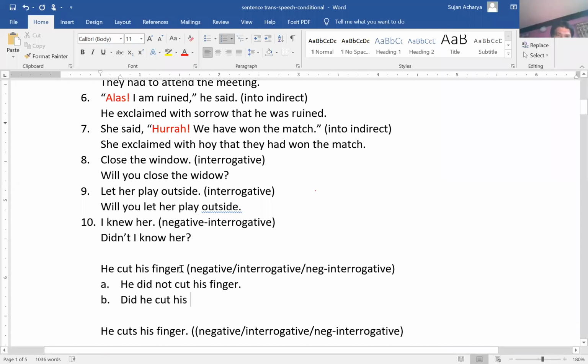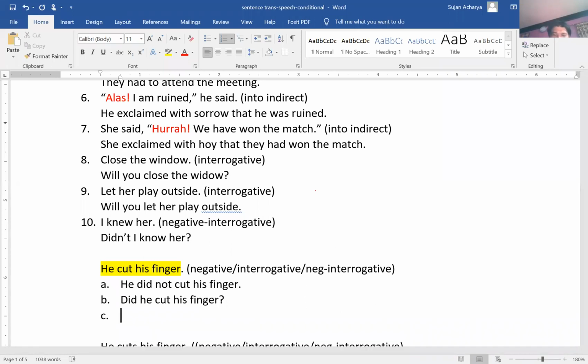We are talking about this sentence, okay? Negative interrogative: Didn't he cut his finger?